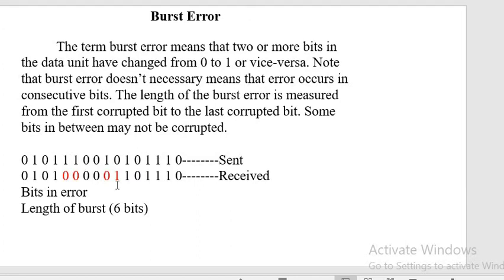We have to calculate the length of the burst error, that is from here, the starting point 1, 2, 3, 4, 5, 6. The length of the burst error is calculated in this way, from the beginning of the corruption till the end. This is called the burst error. Hope you can follow this.